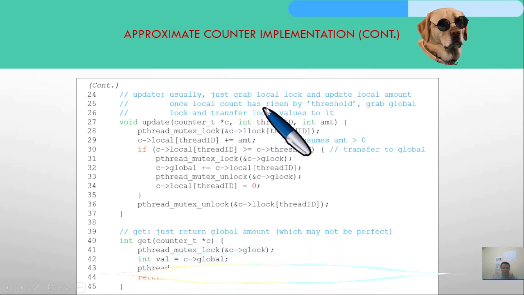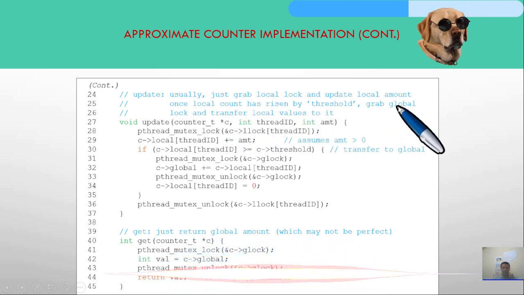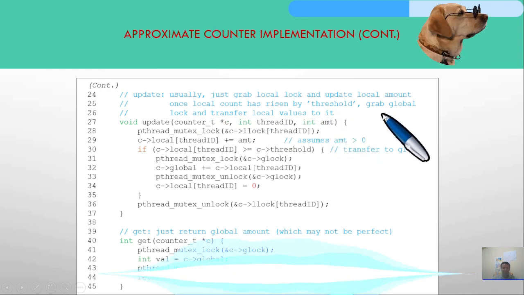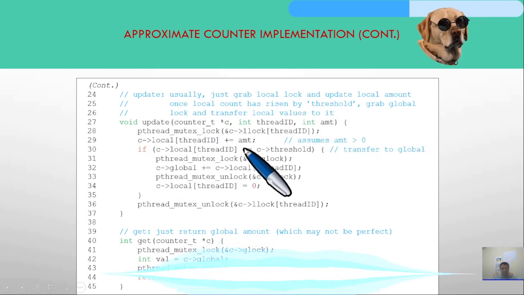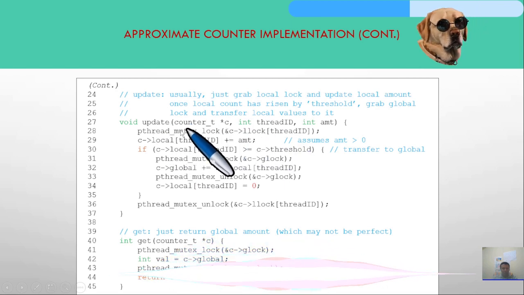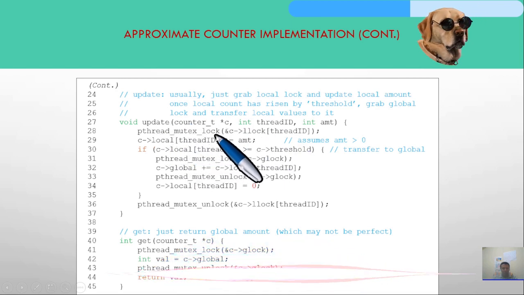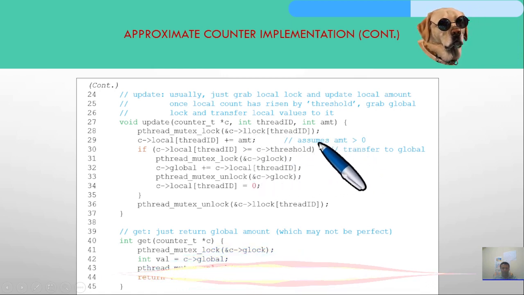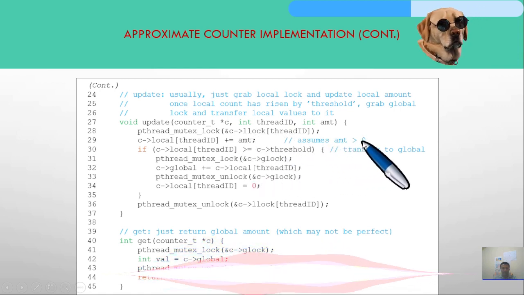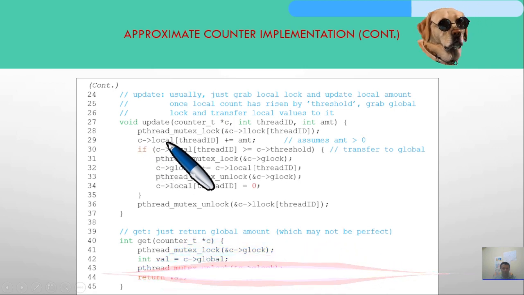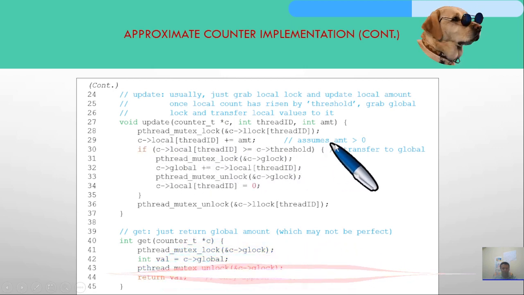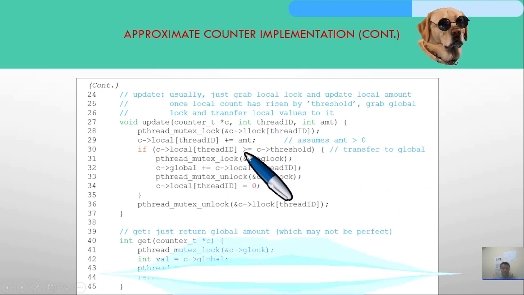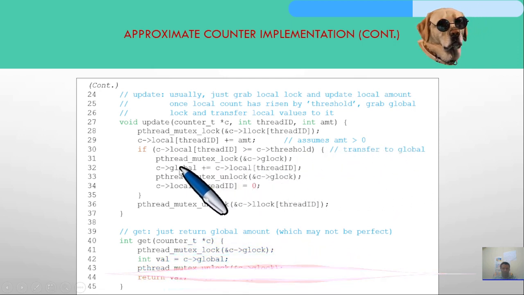Once local count has risen by threshold, grab global lock and transfer local values to it. So as you have seen here, we have the pthread mutex lock, and assume the local value is greater than the threshold, and it will transfer to the global.